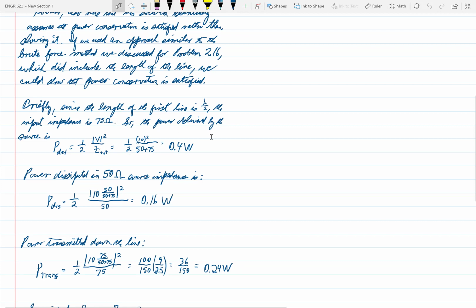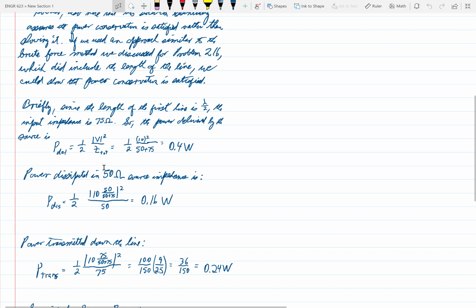And so to find the power delivered by the source, since we know the input impedance is 75 ohms, the source impedance is 50, and that source is 10 volts, the power delivered by the source would be 1/2 times V squared over Z total, or 1/2 times 10 squared over 50 plus 75. So the total power delivered by the source is 0.4 watts.